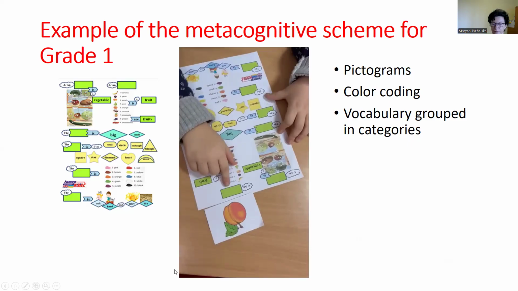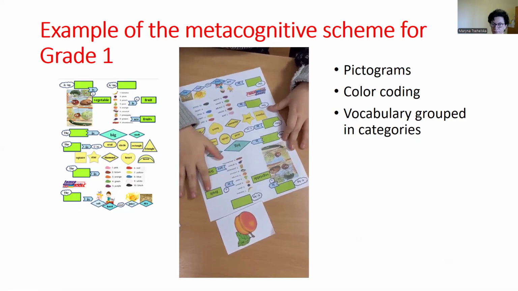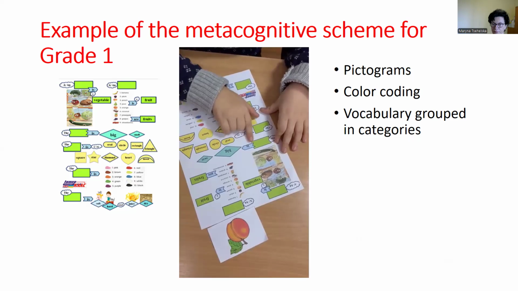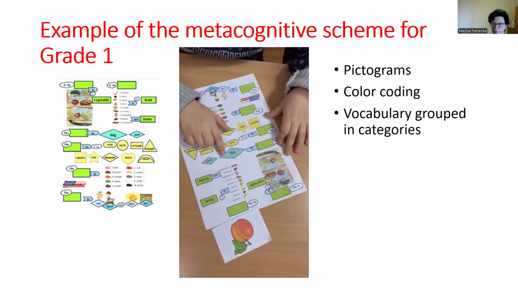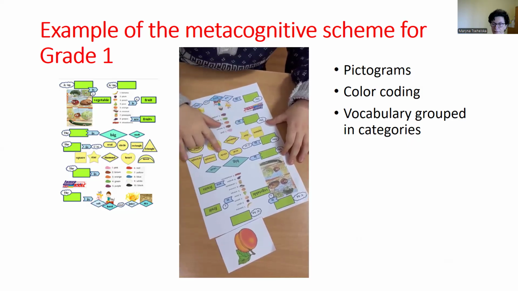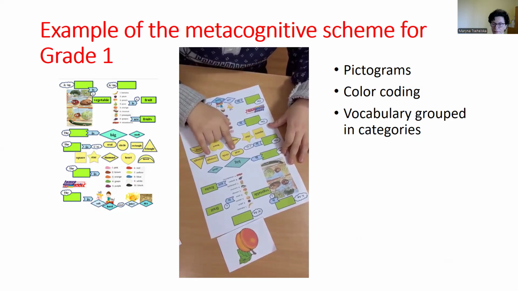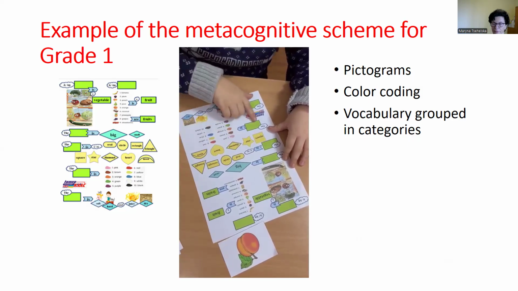Okay. An apricot is a fruit. Okay. The apricot is big. The apricot is a circle, and oval. Okay.